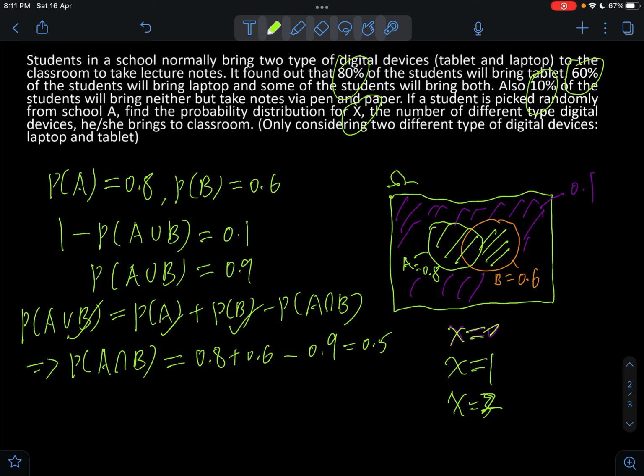Hence, the probability of A intersect B is equal to 0.5.